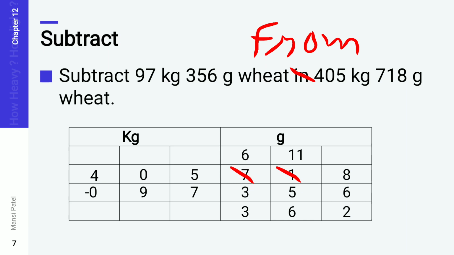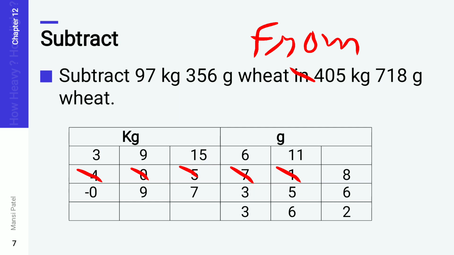Not possible. So we are borrowing from 0. So just cut this 5, borrow from 0. But 0 itself has nothing. So again cut the 0 and borrow from the 4. So this 5 becomes 15, 0 becomes 9 and 4 becomes 3.